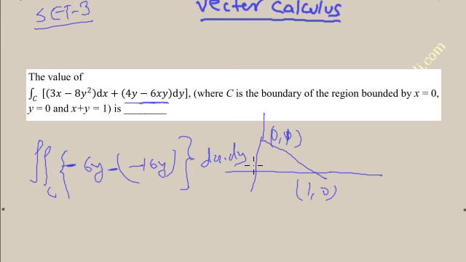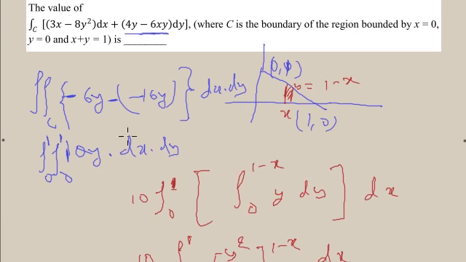So the double integration range is 0 to 1, 0 to 1, and here it is 10y, with range 0 to 1, into dx dy. To solve this double integration, you make one strip here, and the range of y is from 0 to 1 minus x.